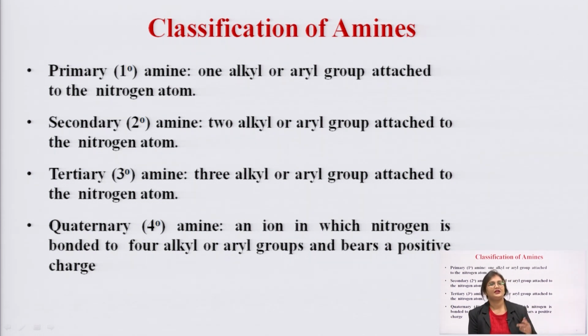Tertiary amines have three alkyl or aryl groups attached to the nitrogen atom. A quaternary amine is an ion in which nitrogen is bonded to four alkyl or aryl groups. They bear a positive charge.